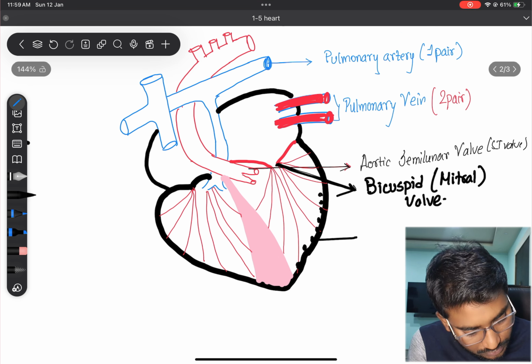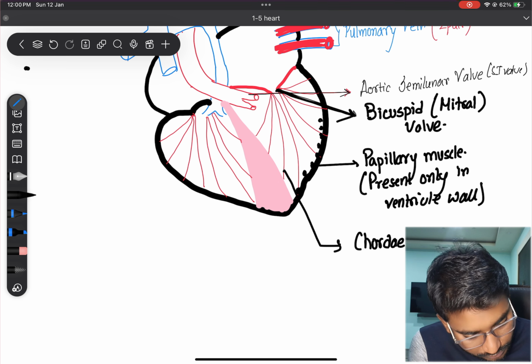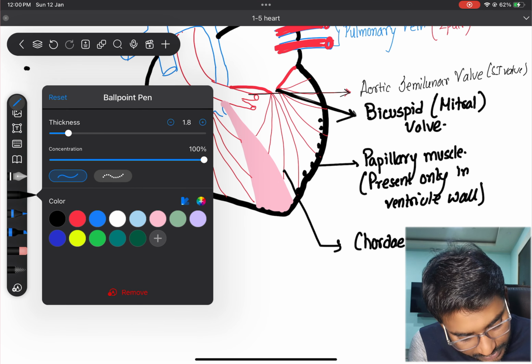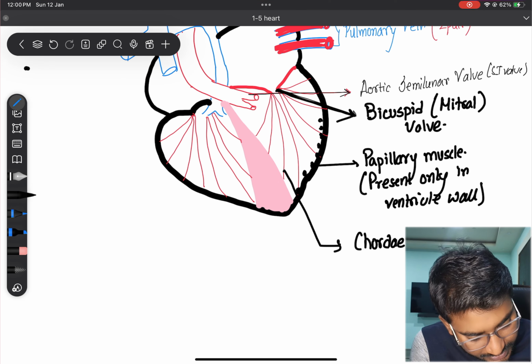Now these are the chordae tendineae. What is chordae tendineae?